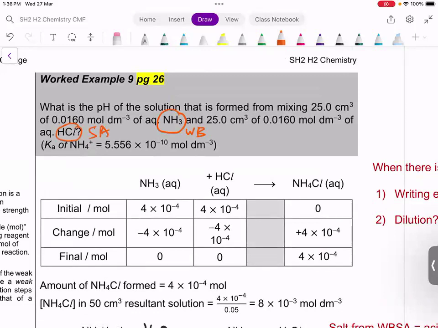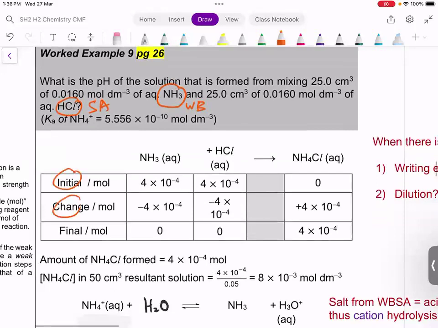From the ICF table, you know the initial amounts of your acid and base. They react in exact stoichiometric ratio, so what you end up with is just a salt solution.